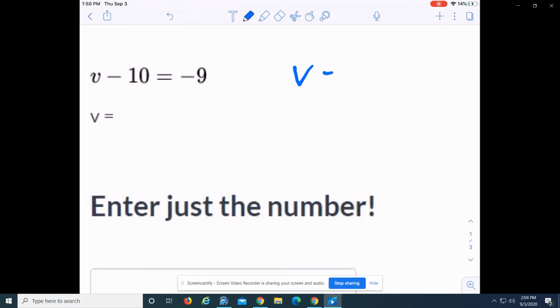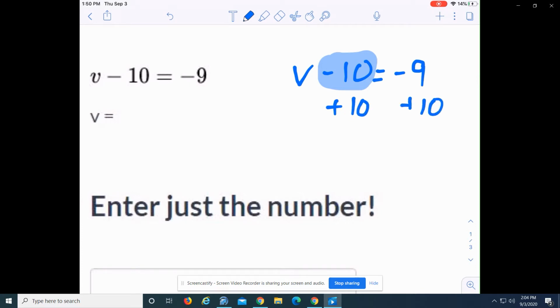So the first thing I'm going to do is I'm going to write on a separate sheet of paper, v minus 10 equals negative 9. And I'm going to solve this by doing what's called an inverse operation. The word inverse means opposite. Because it says minus 10 here, I'm actually going to add 10 to both sides of the equal sign.